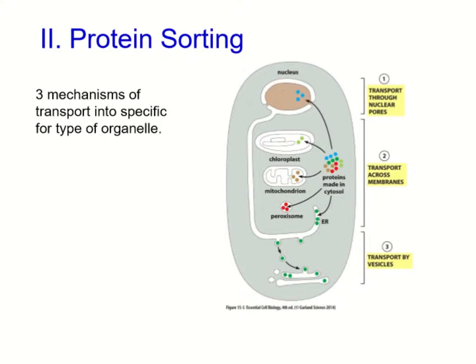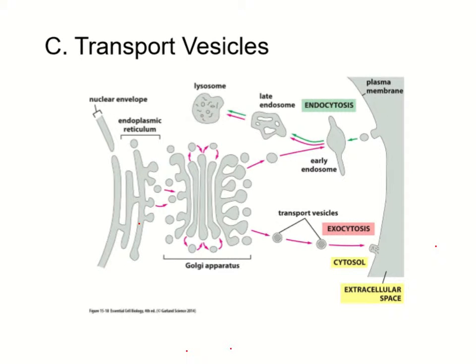So for this section of chapter 15, we're looking at the third mechanism of protein sorting, which is transport by vesicles. So we're going to look at the process of using transport via vesicles, and there are two different pathways, an outward and an inward pathway.